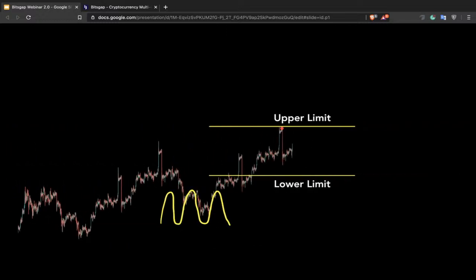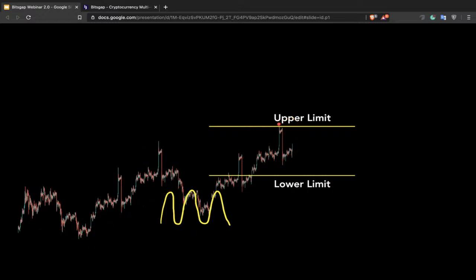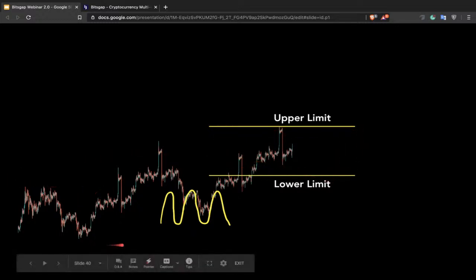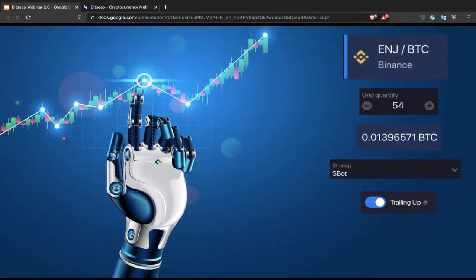Yeah, eventually the trading range will move upwards, and now we are here. So with the price appreciated from that point up to that point, our trading range is now here, and initially it was over here. You remember that. So here's the real example. NG trading to BTC, 54 grid levels, investment value, S-bot strategy, and we have the trading up function on, like here.